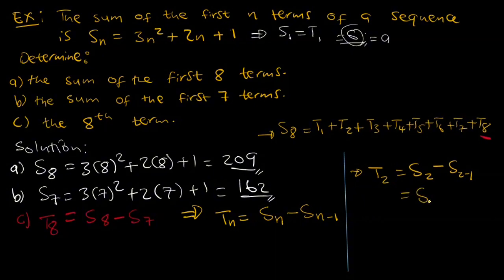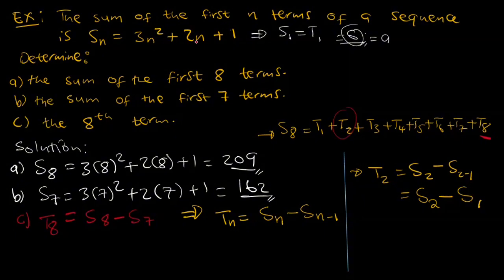So this will be S2 minus S1. Meaning if I want term 2, I need to calculate S2, putting 2 in, get the value, and then also calculate S1.